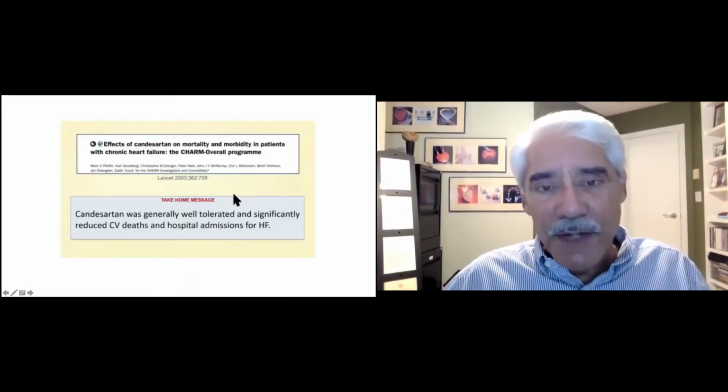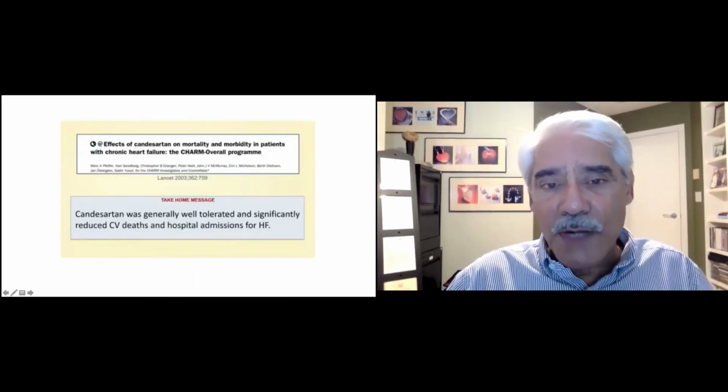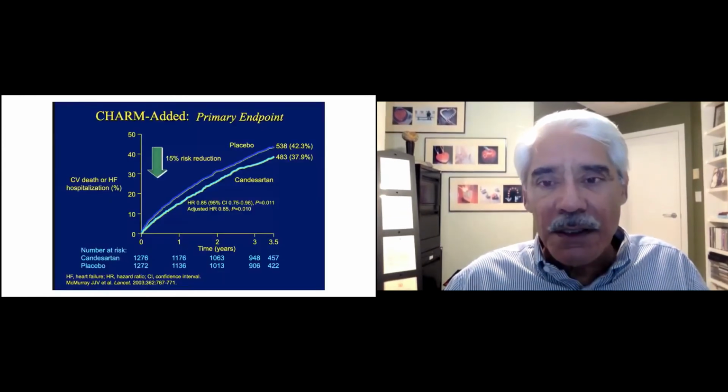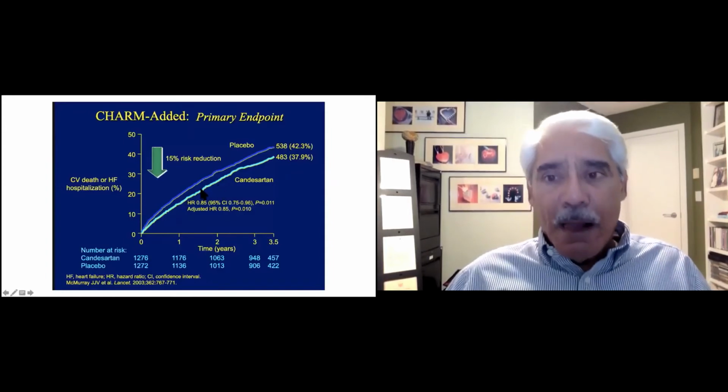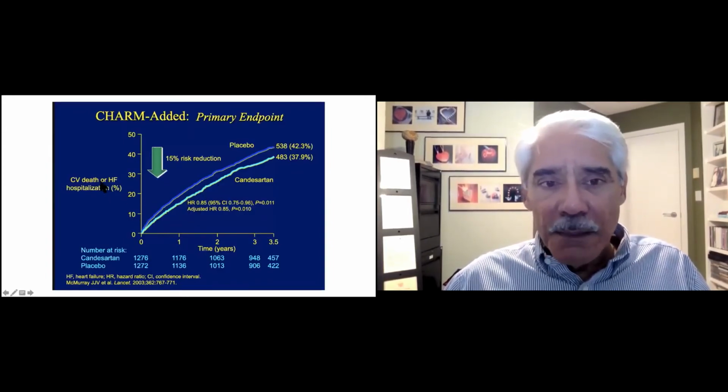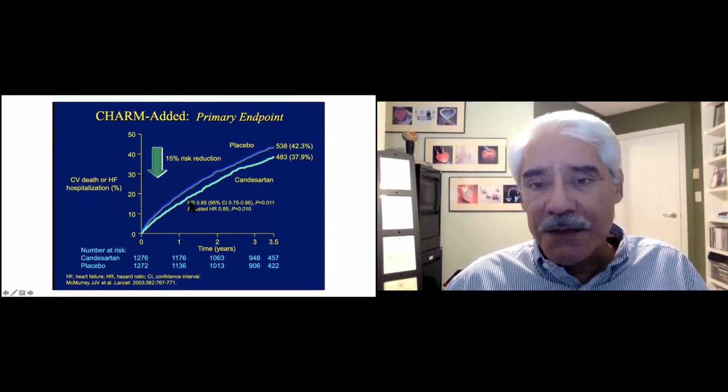And the big trials were the CHARM overall program using candesartan, which is an angiotensin receptor blocker, and it clearly showed against placebo that it improved mortality and hospitalization for heart failure.